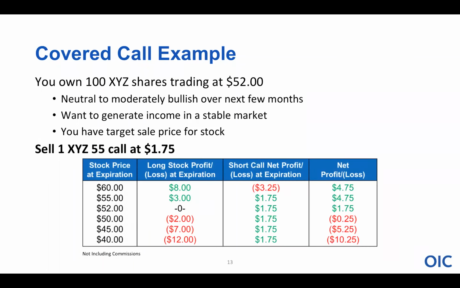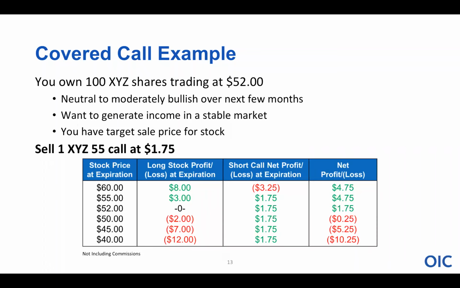So here is the P&L for this position. We own shares at 52. We sell one 55 call at $1.75. So our maximum profit potential is $4.75. How do we arrive at that?